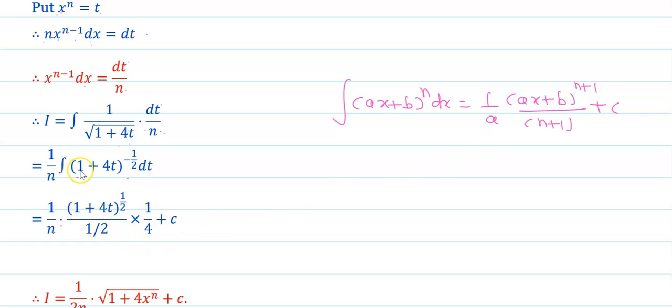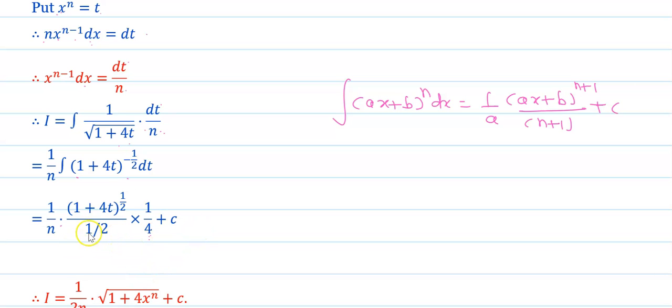Similarly here, 1 plus 4t bracket raised to minus 1 upon 2 plus 1, which means 1 upon 2, into 1 upon the coefficient of t, which is 1 by 4, or the derivative of 1 plus 4t, which is 4, plus c.